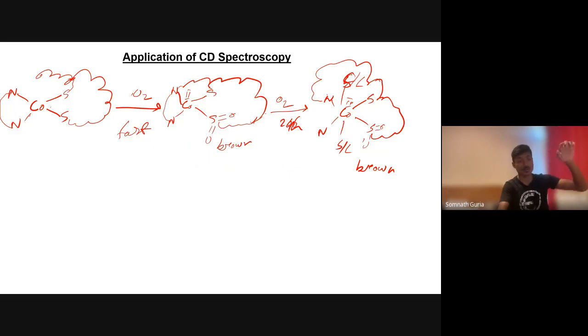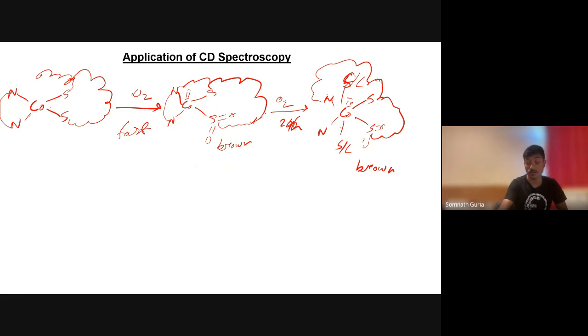Then square planar is not very stable, and it is oxidized to cobalt 3, and two other ligands from the axial position come in, forming the cobalt 3 octahedral complex.